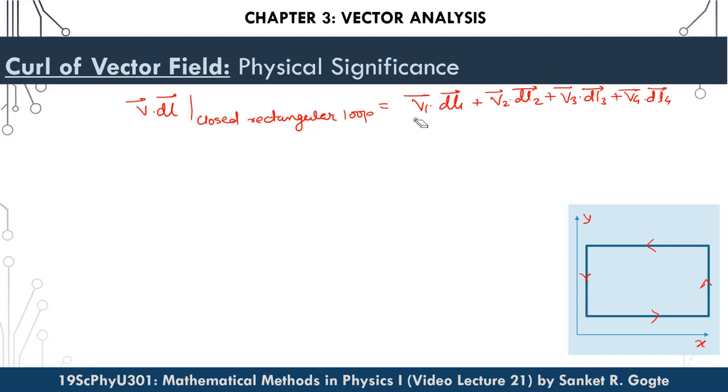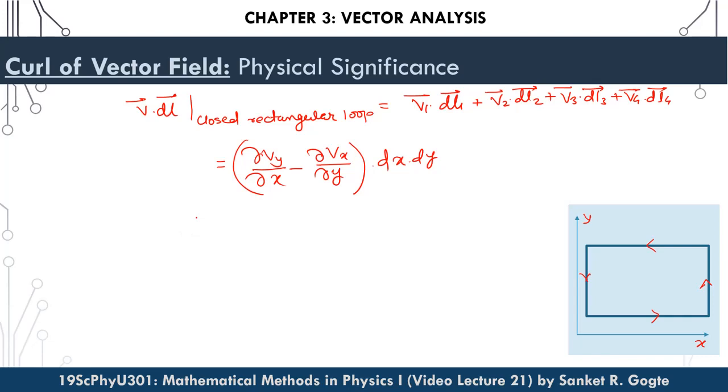We have calculated each of these dot products in the previous four slides, so when we add them, what we get is dou vy by dou x minus dou vx by dou y into dx into dy. I'm leaving it to the viewers to verify this.